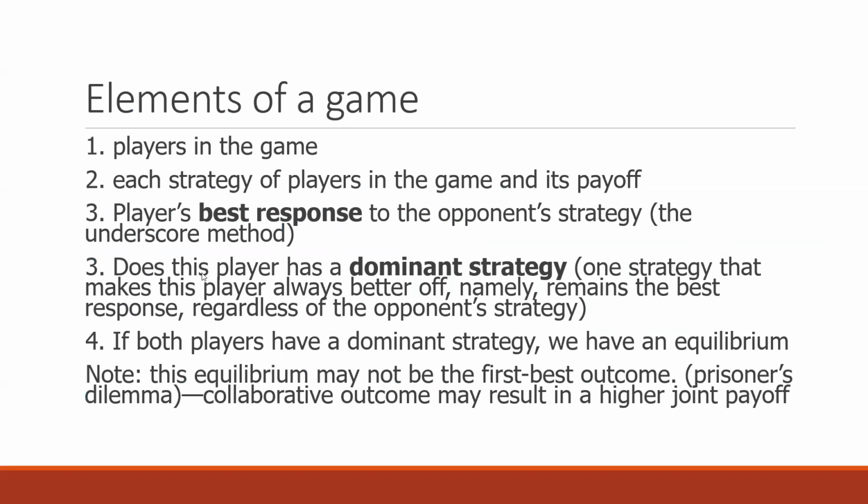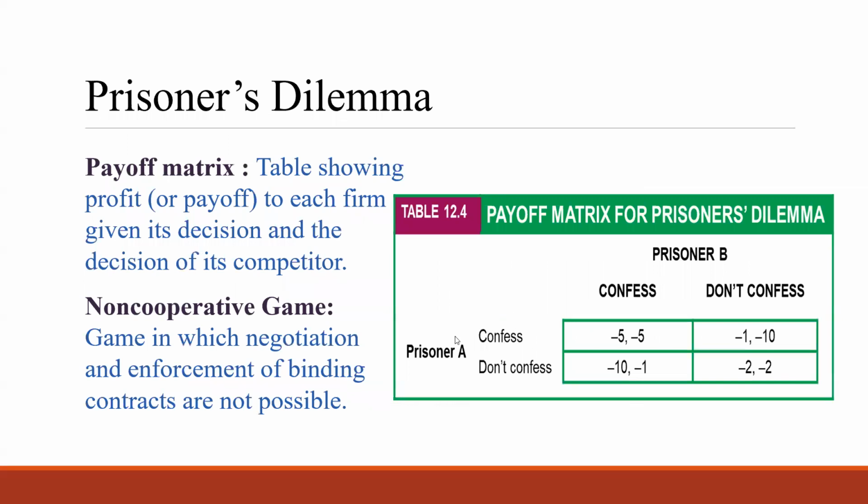And then the question moves to whether this player has a dominant strategy, which is defined as one strategy that makes the player always better off, namely remains the best response regardless of the opponent's strategy. And here we do have a dominant strategy for A, right? Confess dominates all the rest of strategies for A, right?